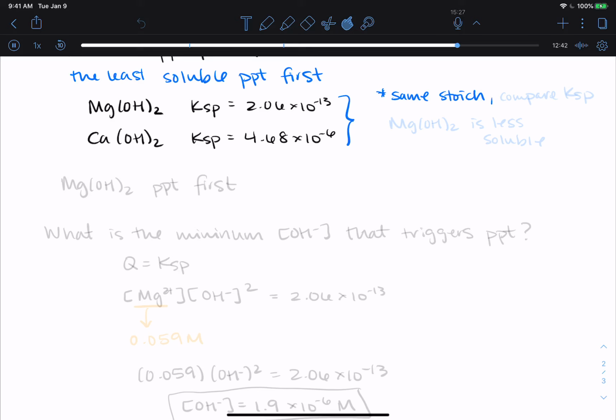Same stoichiometry, compare KSP. The magnesium hydroxide KSP is obviously much smaller. So magnesium hydroxide is less soluble here. So magnesium hydroxide will precipitate first.